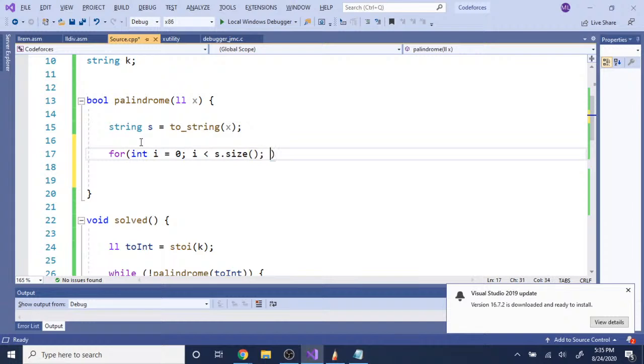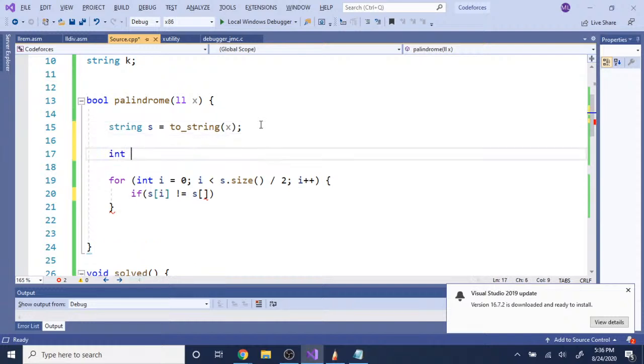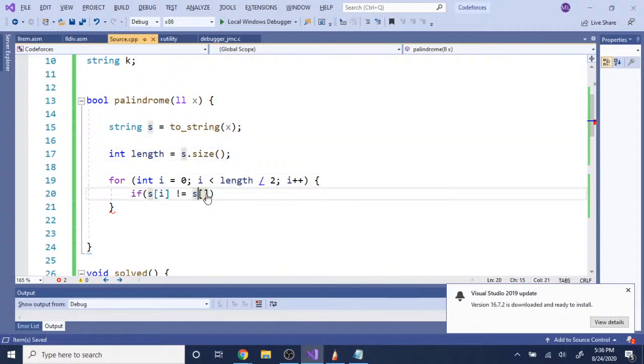This is the worst case I've ever possibly seen. So this is how you check if it's a palindrome. You loop through the string, and then do s at i. If s at i is not equal to s at length minus i, so I need to take the length. Go to the middle, check if it's equal to the last value.